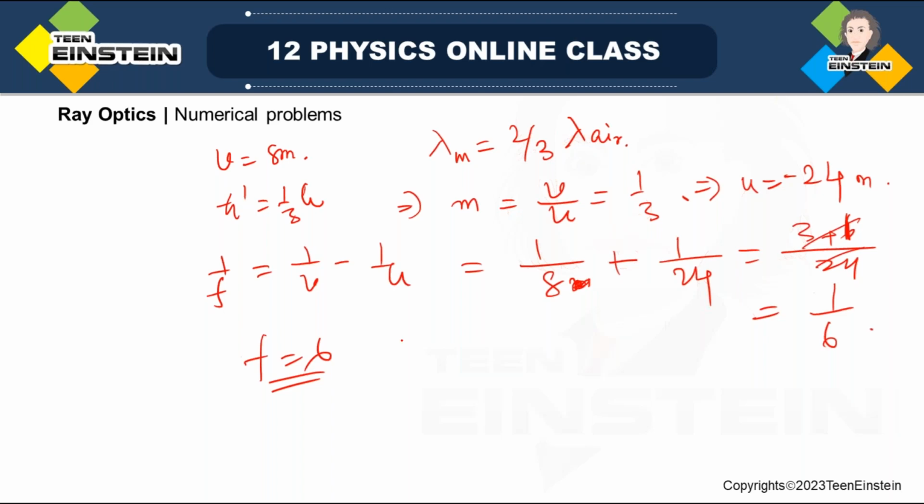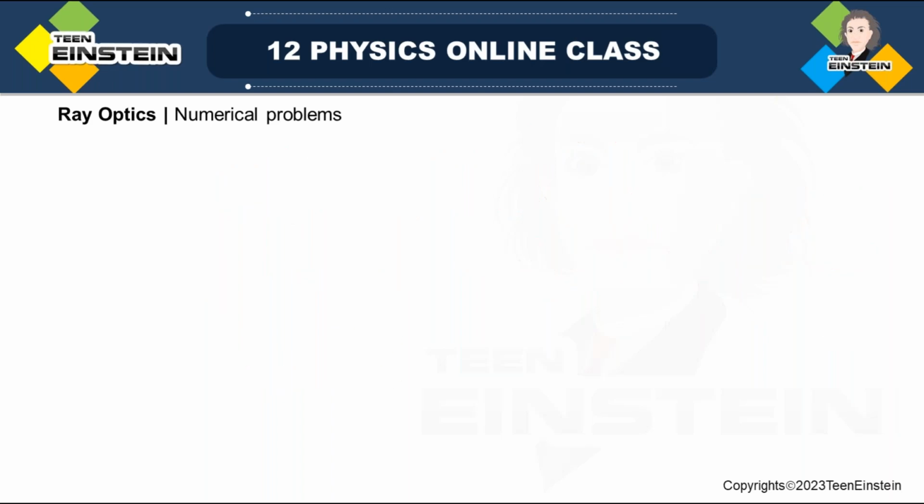For a plano-convex lens, we know f is equal to r by mu minus 1, because one side will be infinite.